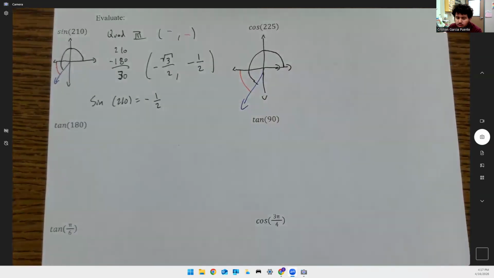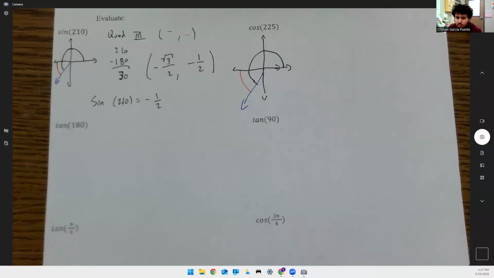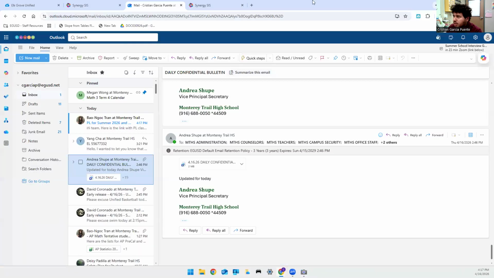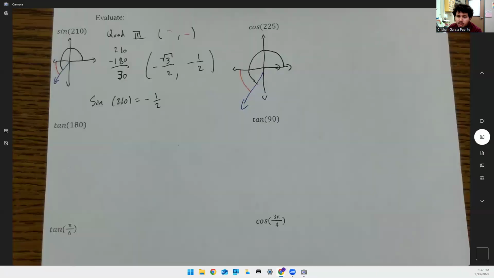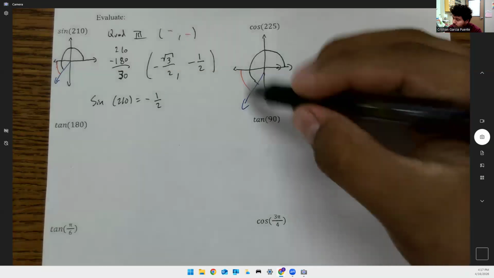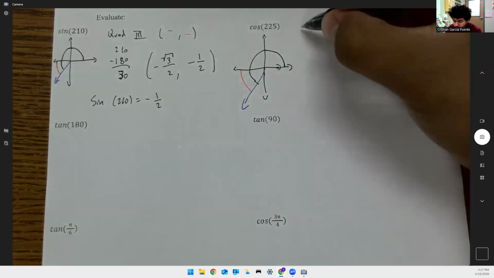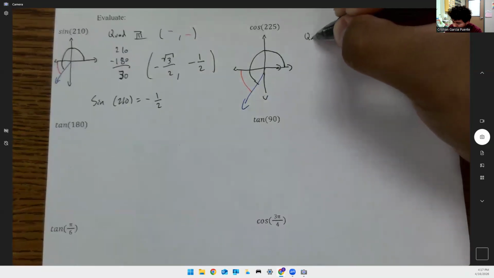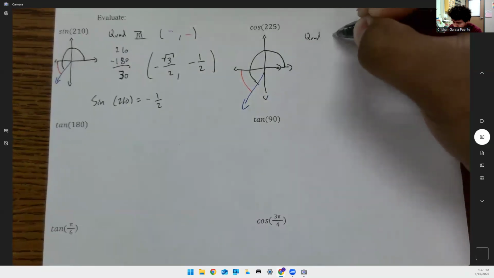Next, what quadrant am I in? My bad, quadrant 3. So I'm going to put down quad 3.